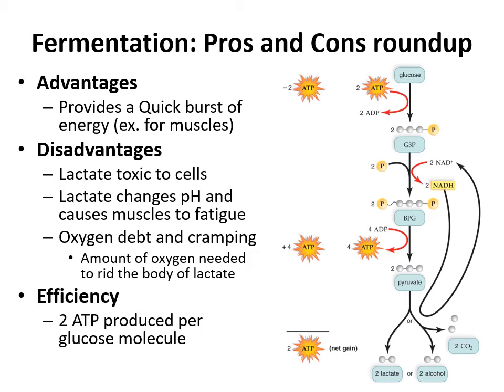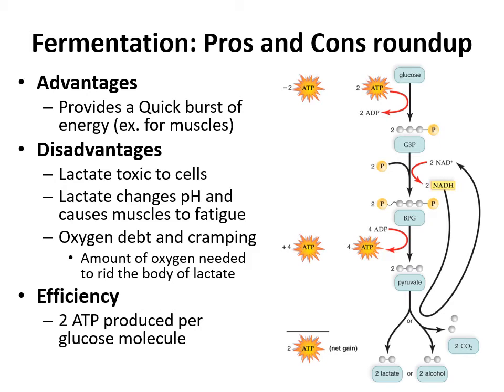Now, the bad part is that at the end of this process, we said that you end up having lactic acid or alcohol, and these can be problematic to cells, okay? They can change the pH and they can put a strain on oxygen to try and get rid of this toxicity that is now present.